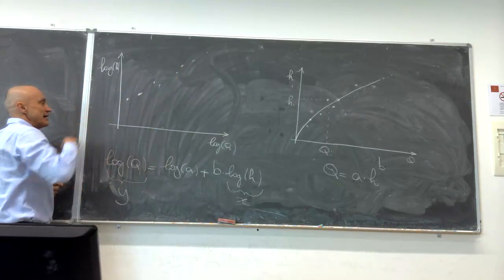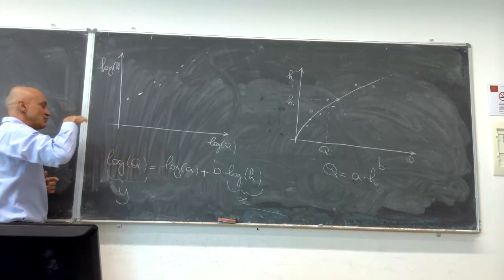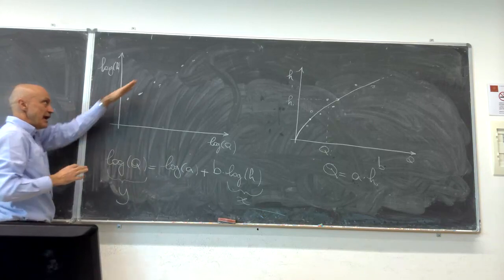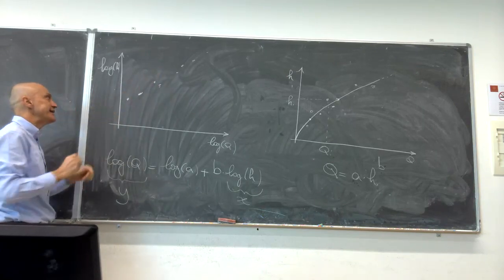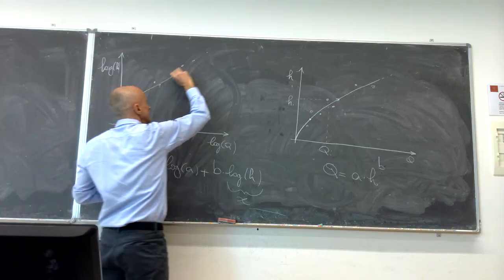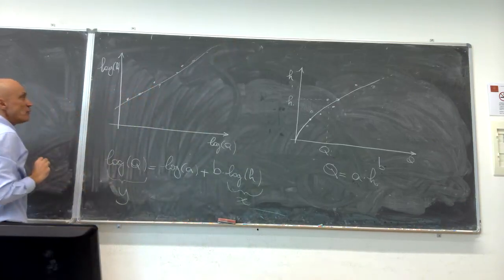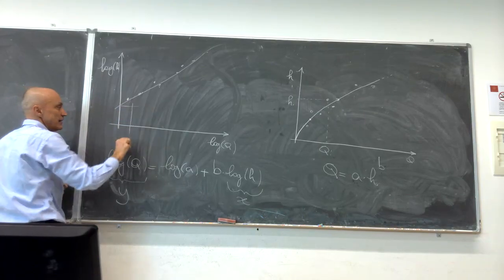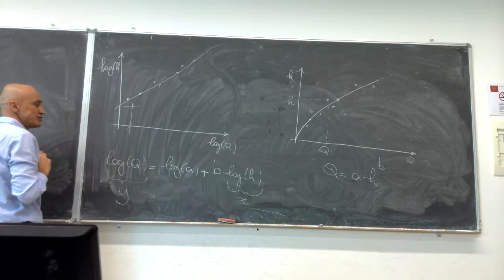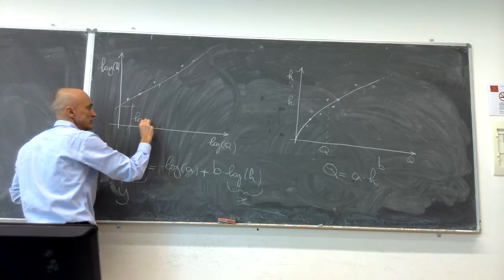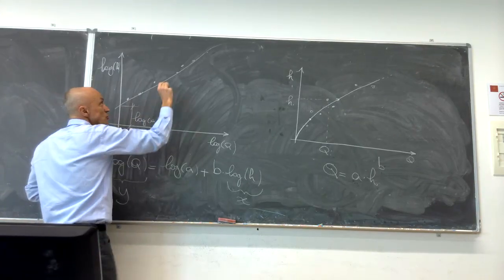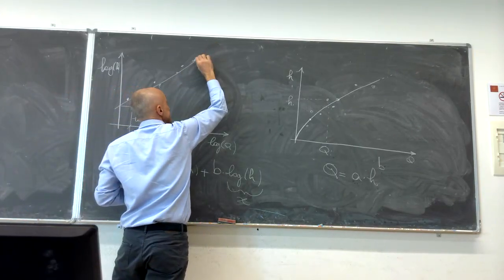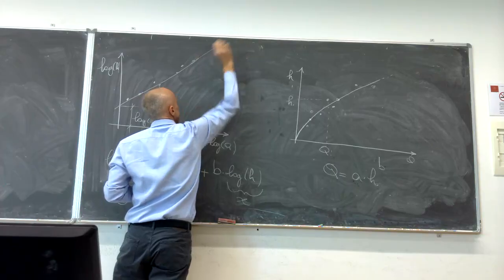And what you get is that the intercept of this linear relationship is log A, whereas the slope of the linear relationship is proportional to B. Make sense?